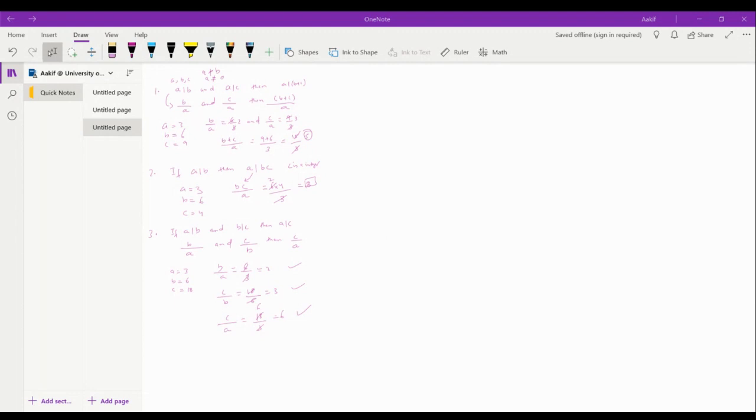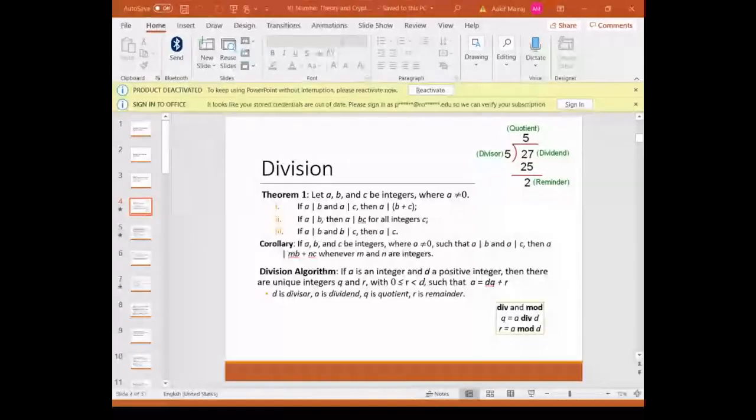Okay, let's move forward. Then we have another corollary, which states that if a, b, and c are integers where a is not equal to 0, such that a divides b and a divides c, then a will divide m times b plus n times c, where m and n are integers.